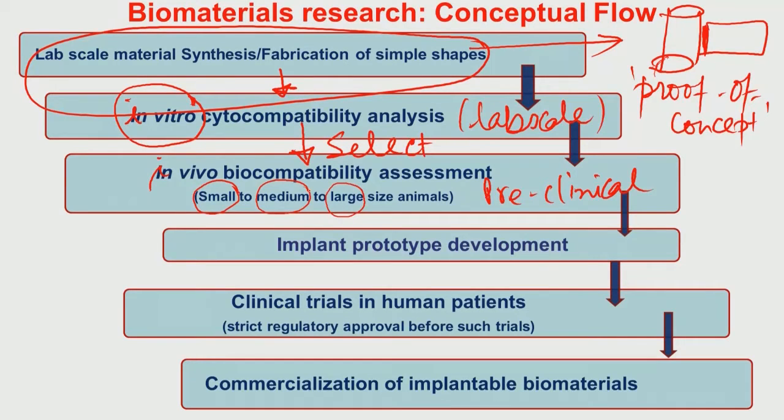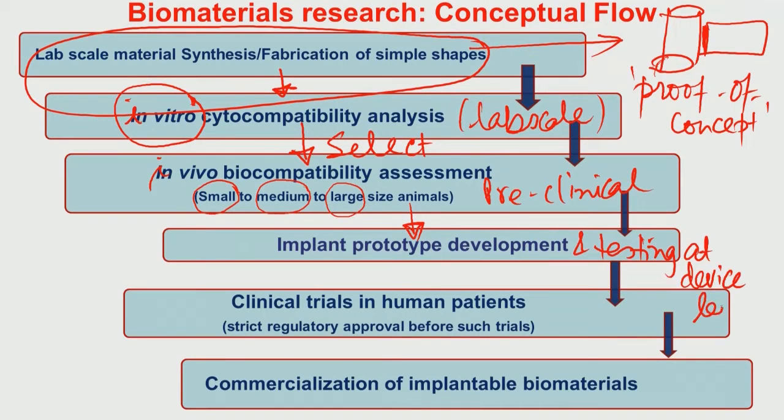So, once the preclinical study is done, animals survive, bone healing has been established, or there is no undesired tissue response because of the implantation of the synthetic material that you are investigating, the next level is prototype development of the biomedical devices, and after this prototype one has to do further testing, what I call testing at device level.